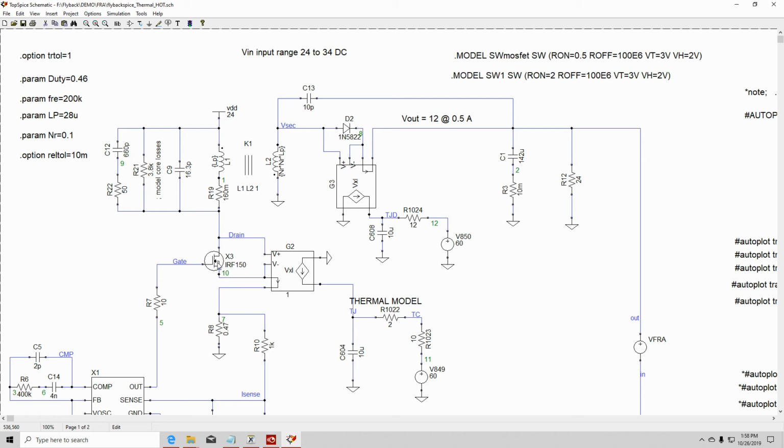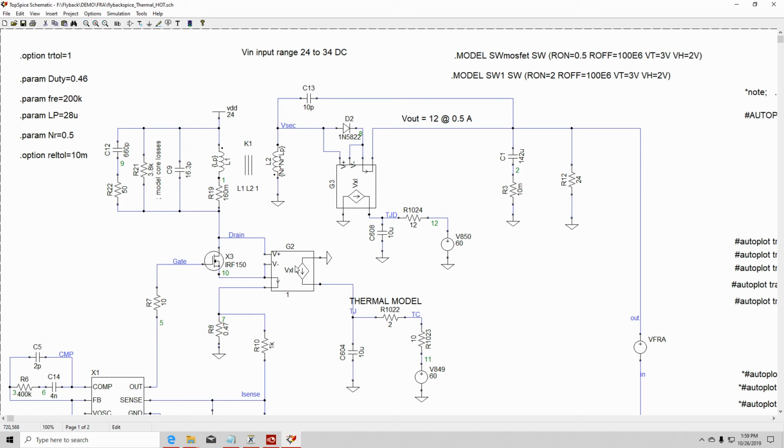It was kind of a little bit of hand waving, and this is a way of proving what I had said was correct. So let me go ahead and select the proper turns ratio. The proper turns ratio is 12 volts divided by 24, which gives you half, so that's the turns ratio. Okay, so this is the proper one.